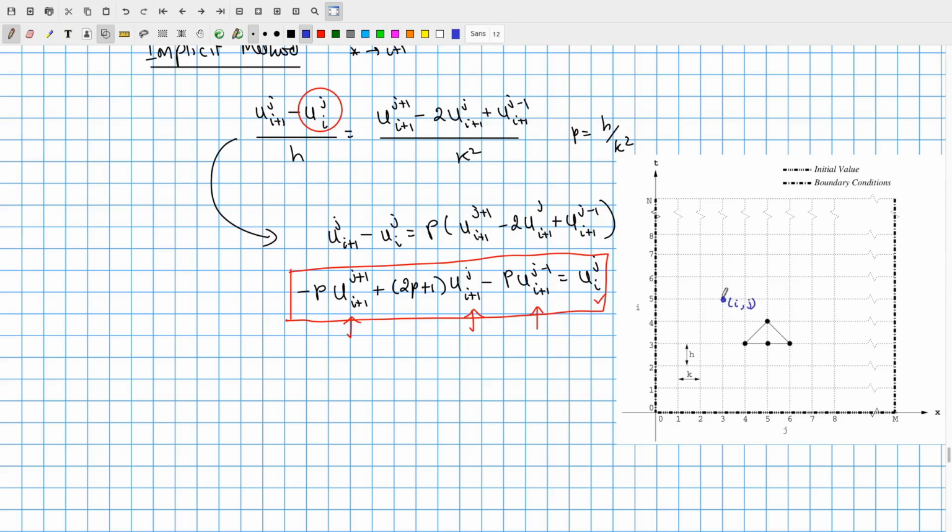This is going to be connected to 3 points of the future grid. That is, u of i plus 1 j falls here, u of i plus 1 j plus 1 falls here, and u of i plus 1 j minus 1 falls here. This is how all the future points are connected, so basically the triangle gets inverted. These are all unknown points, and we have only known points, the same way as we did earlier.